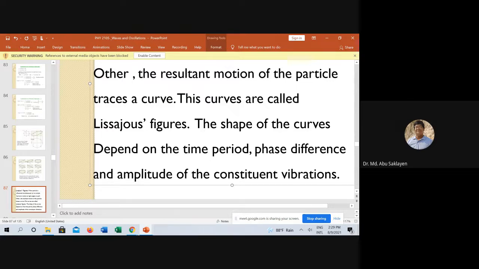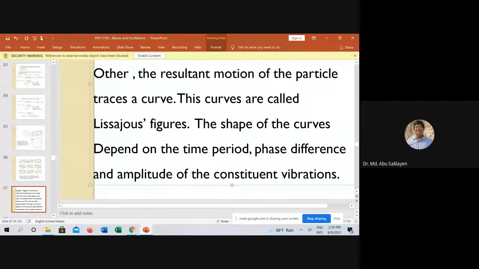Then you will find different shapes of the particle path. মানে কোন একটা ওয়েভ যদি একটা মিডিয়ামে acting alone, then you apply another wave at right angle to the previous one, so the resultant vibration of the particle of the medium will be different from the previous movement. So this path of the particle is known as Lissajous figure.